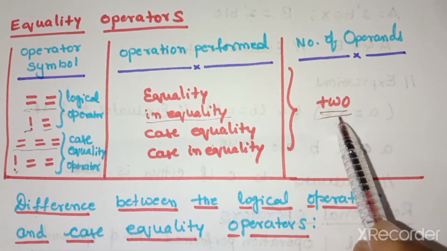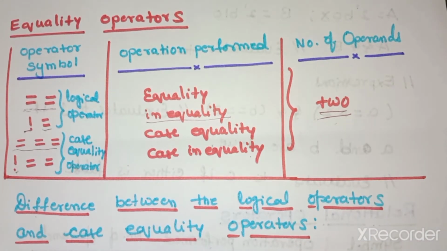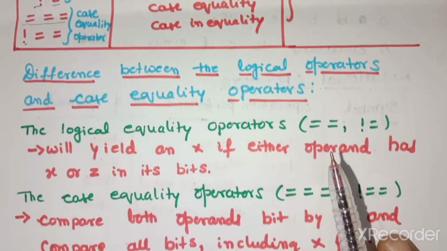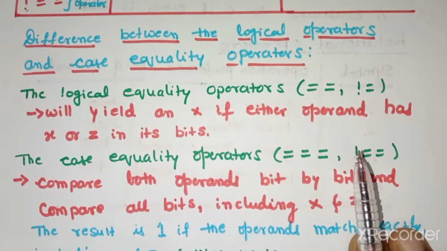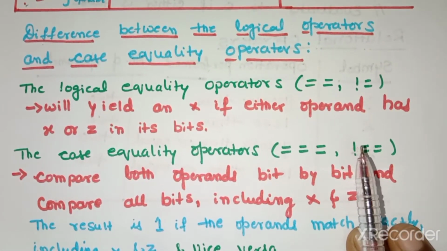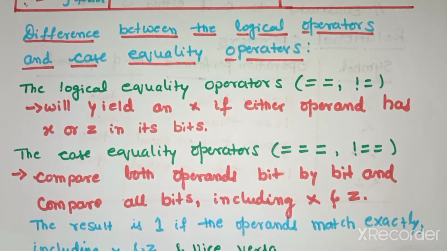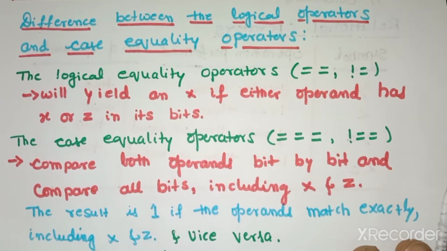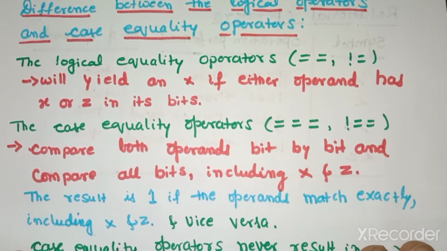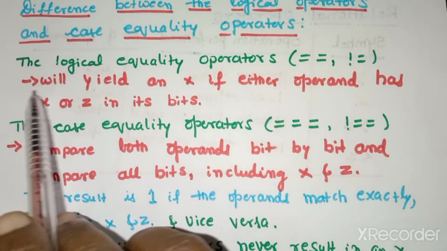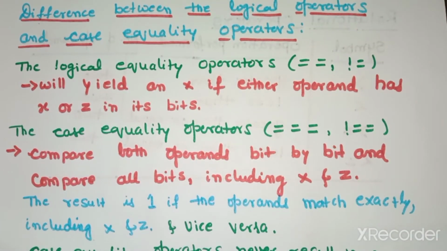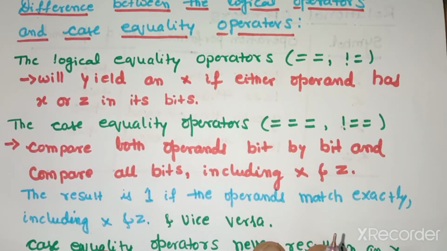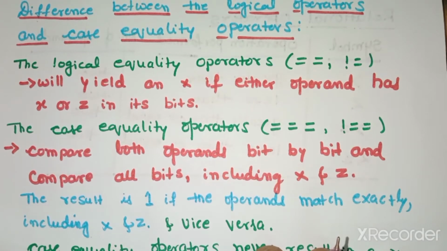Before going to the examples, you should understand the difference between the logical equality operators and the case equality operators. What are the differences? So first let us take the logical equality operators.